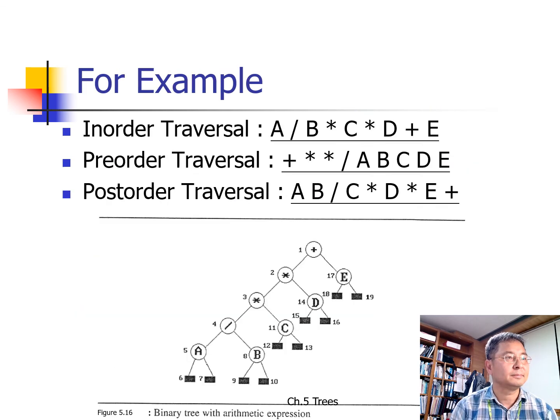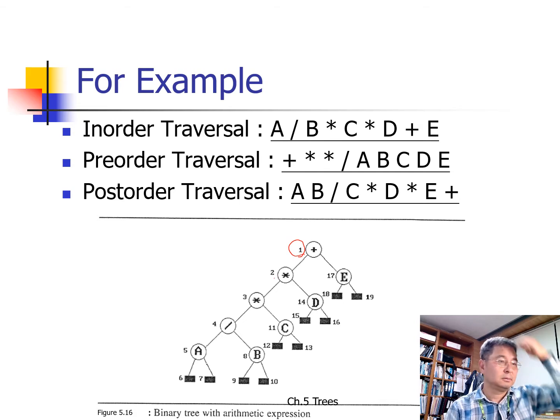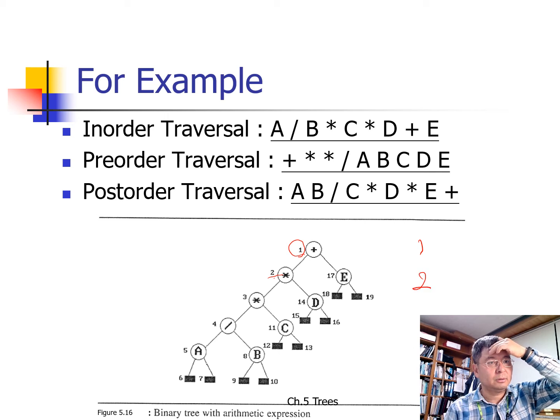Okay, so how can we visit a real binary tree? For example here, this binary tree has a root node. This is level 1, level 2, 3, 4, 5.